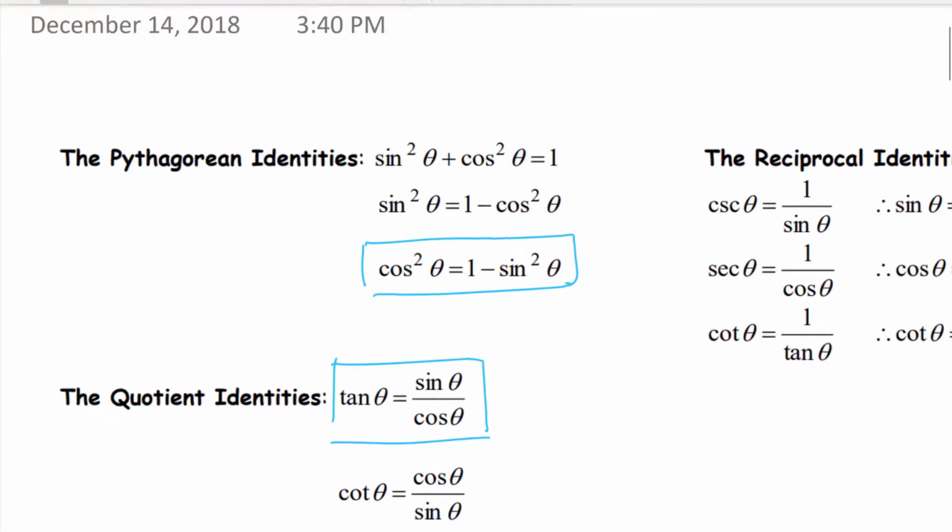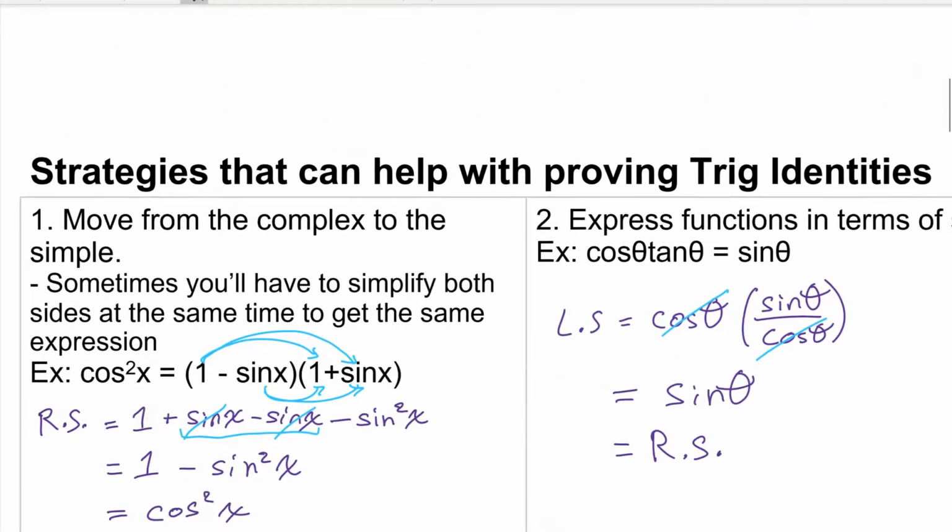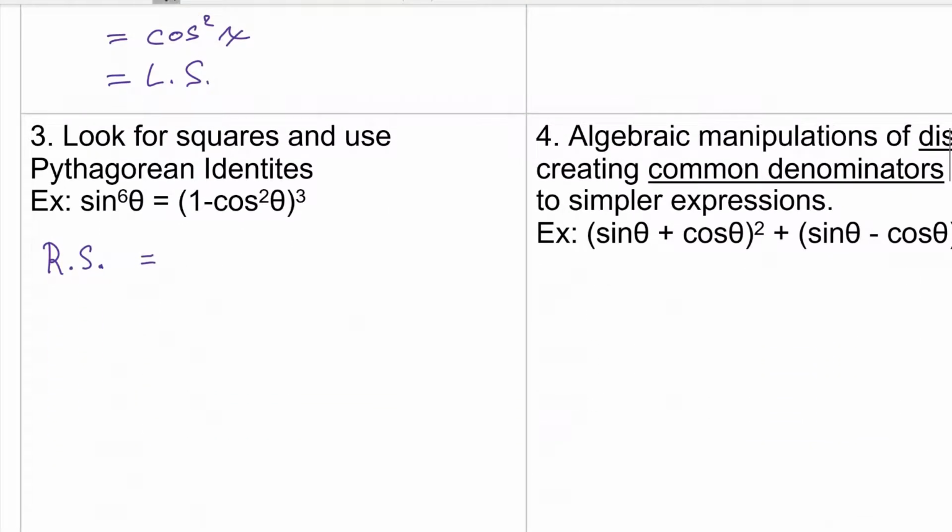And I'm being told to look for squares and use the Pythagorean identities. So when I'm looking for squares and using the Pythagorean identities, oh, well, inside my brackets, I have 1 minus cos squared theta, and it looks like I can replace that with a sine squared theta. So I'm going to replace my 1 minus cos squared theta with a sine squared theta. And all of that is cubed.